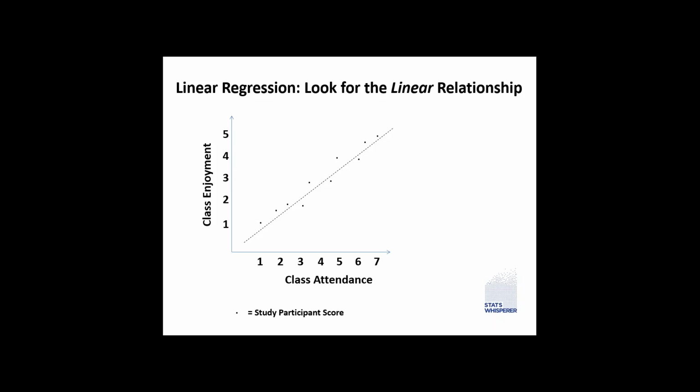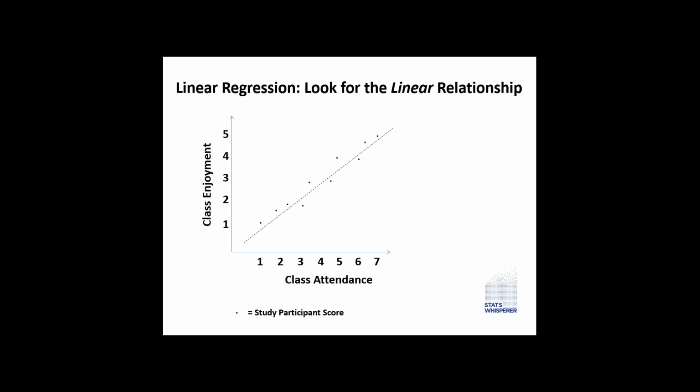Well, we could see the little dot is a score, one respondent's score on each. So you can see the first little dot is 1 and 1. So if someone enjoys class at 1, where 5 is the highest enjoyment, so they enjoy it at 1, the least amount, they attend class once a week, the corresponding 1 on the bottom.